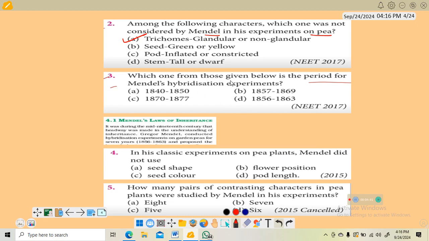Next is, which one from those given below is the period for Mendel's hybridization experiment? So Mendel worked for 7 years and its time period was 1856 to 1863.